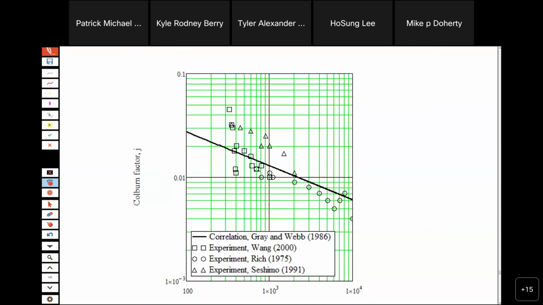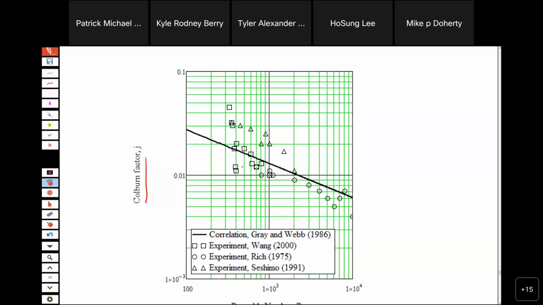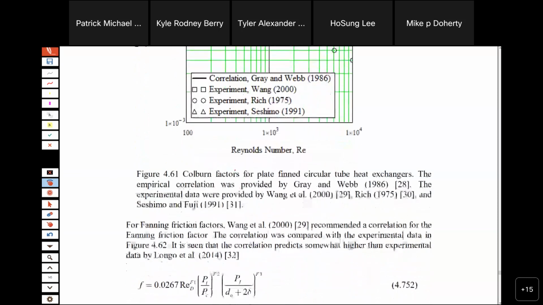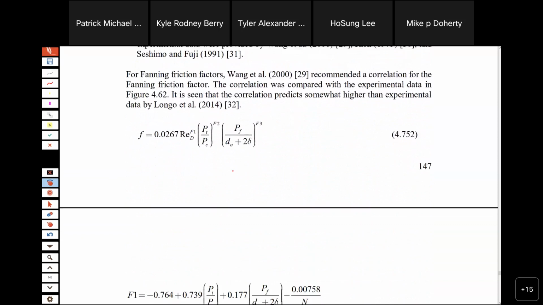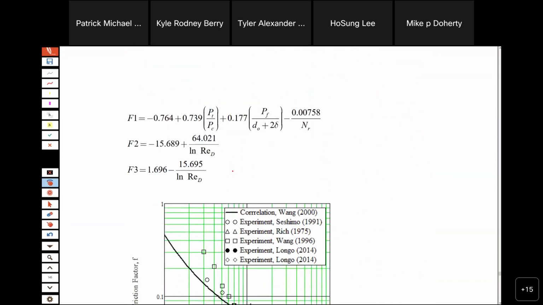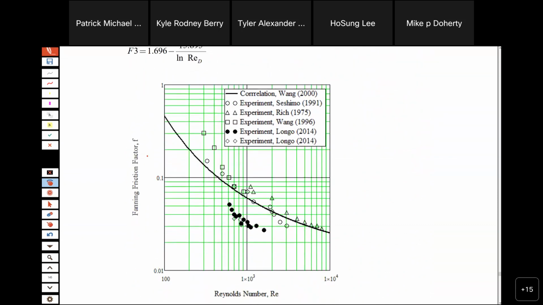This is one of the best correlations and experiments for the Colburn factor. So there's some uncertainty, but this is the best. There's some uncertainty increases, and a friction factor.